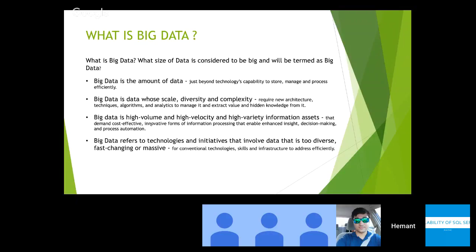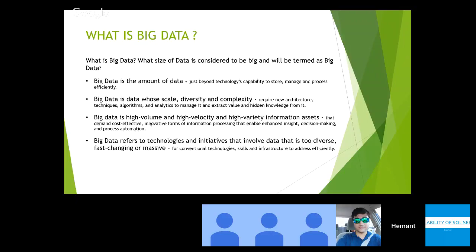So big data itself has the characteristics of high volume, high velocity, and high variety information assets that demand cost effective and innovative forms of information processing for decision making and process automation.